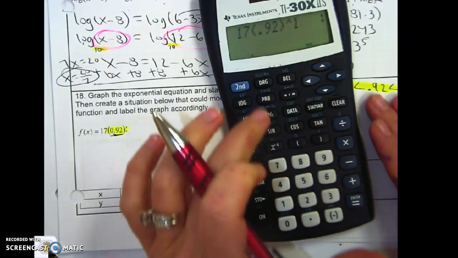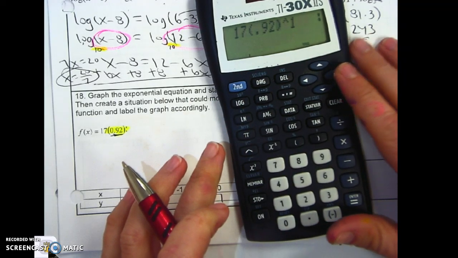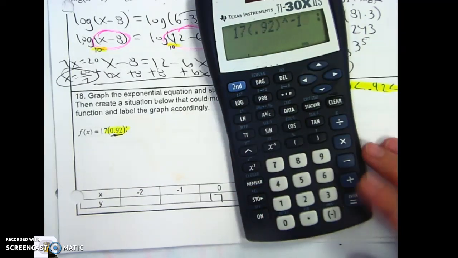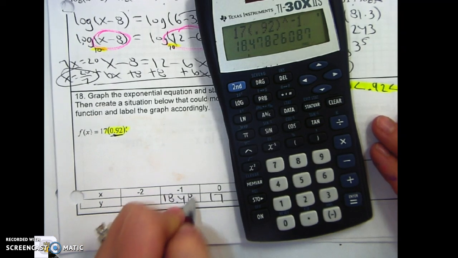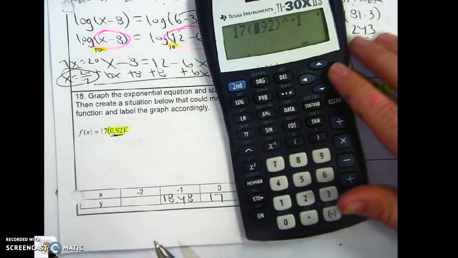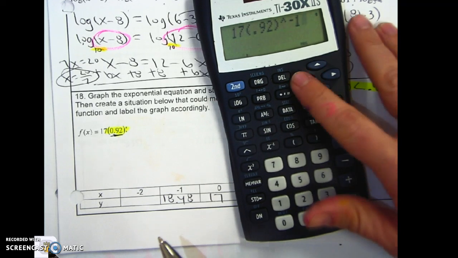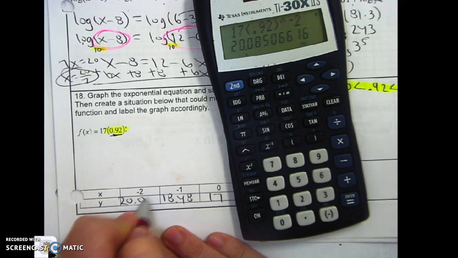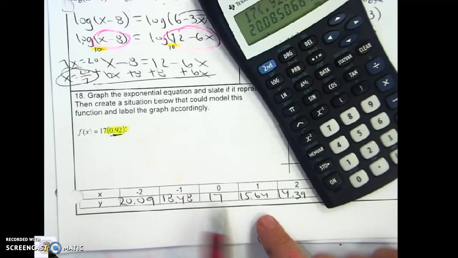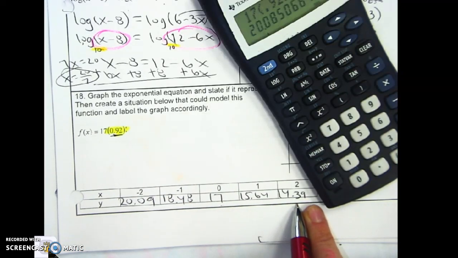Press the up button. Oops. Oh, it goes to the previous one. Interesting. 13.48. Then press the up. 2 is 20.09. That makes sense because if it's decaying, it's going down.